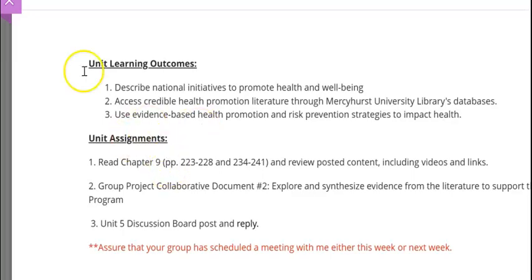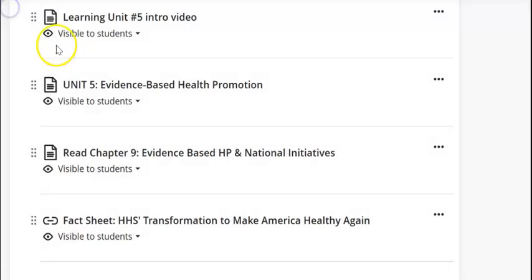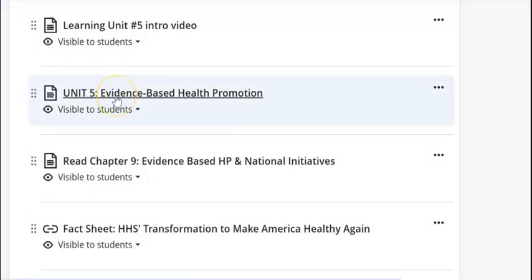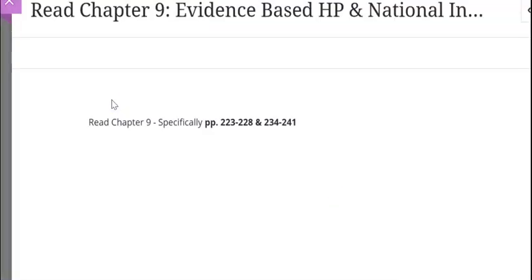So I'm going to walk you through what we're going to be doing this learning unit. So you're going to start by reading chapter 9, but very specifically, I have you reading specific pages, 223 to 228, and then going to 234 to 241.